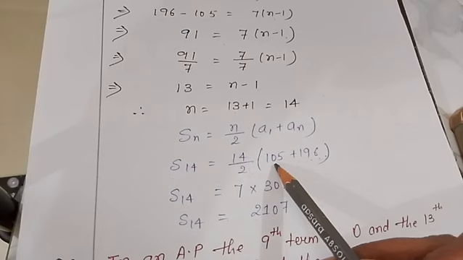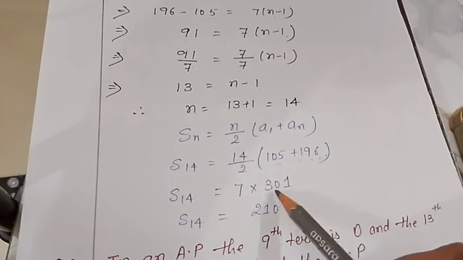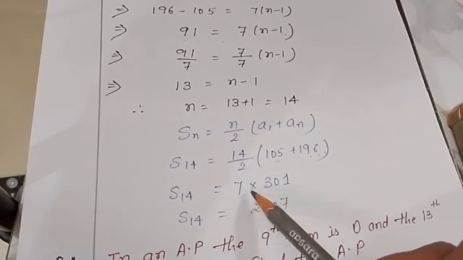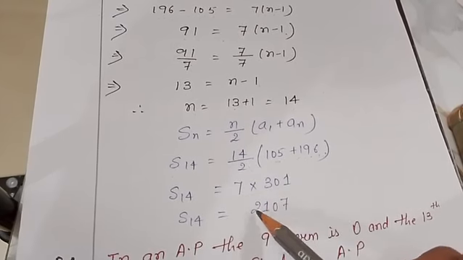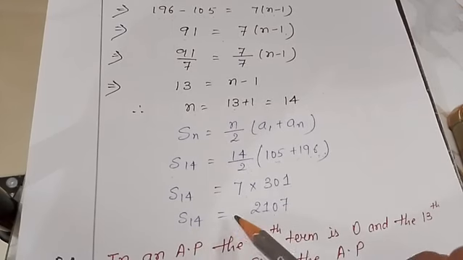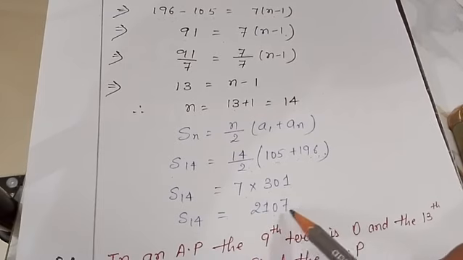Add these two numbers, it is equal to 301. 14 is divisible by 2 seven times. So we get 2107. S14 is equal to 2107.